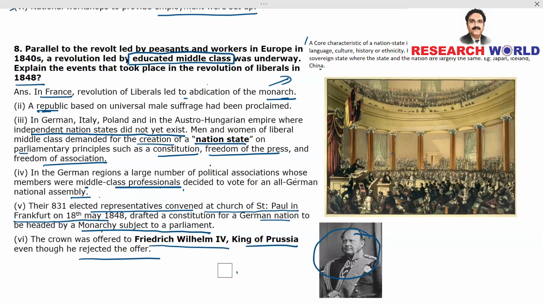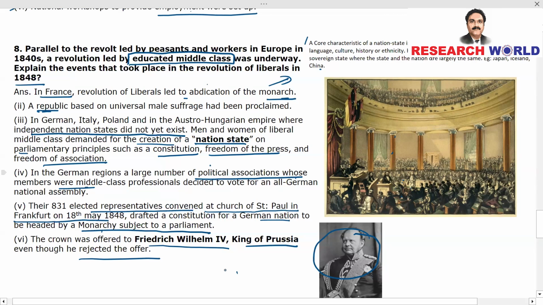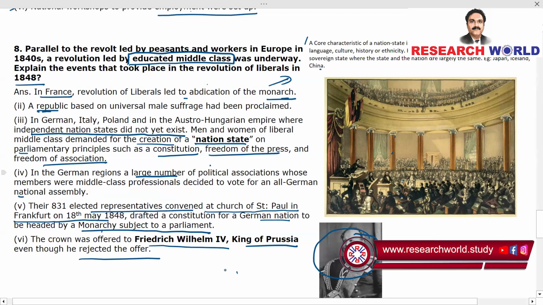Then, in the German regions, a large number of political associations whose members were middle class professionals decided to vote for an all German national assembly, something like a parliament.